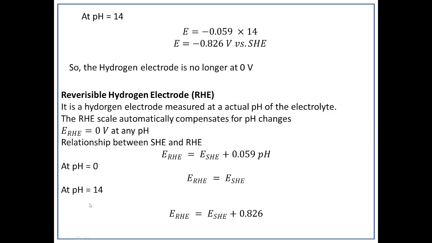Whereas in the case of pH equal to 14, the potential versus RHE is equal to the potential versus SHE plus 0.826. How does it come? We know 0.059 pH; instead of pH, we put 14, so we get 0.826. So these two scales, RHE and SHE, are shifted by 0.826 volt.